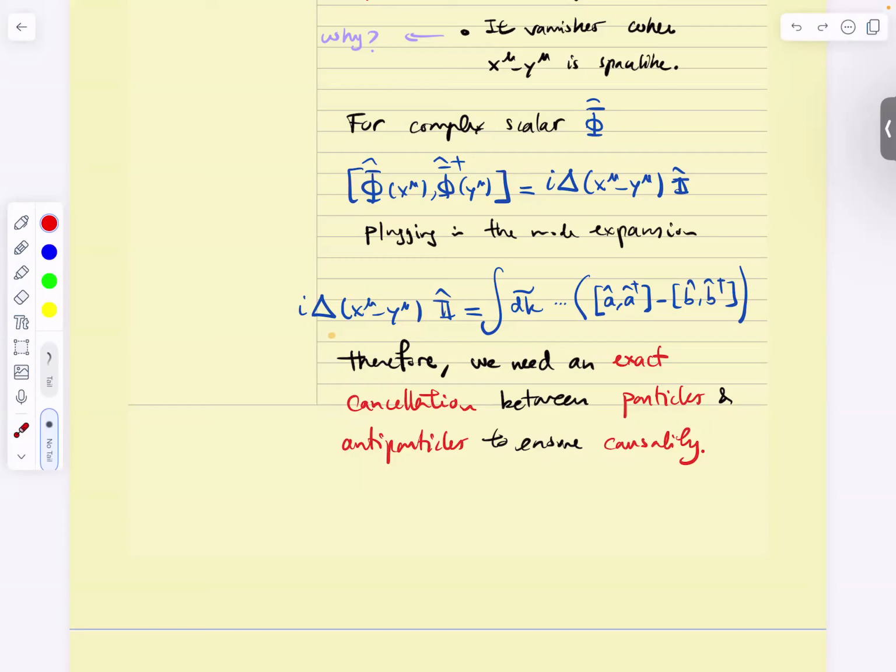You learn that causality says to every particle there must exist an antiparticle. In this context, the only way for the commutator to vanish outside the light cone for a complex scalar field is that you have the particle and the antiparticle, so that 1 minus 1 is 0.